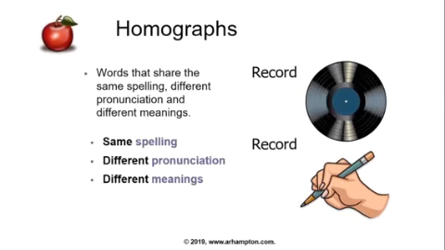For example, record, which is a musical disc that you play to hear sound, and record, which means to write down. They are spelled the same. They are pronounced differently, record and record, and they have different meanings. These are homographs.